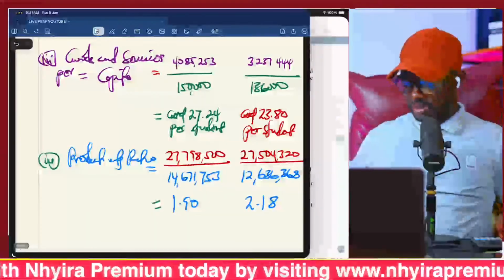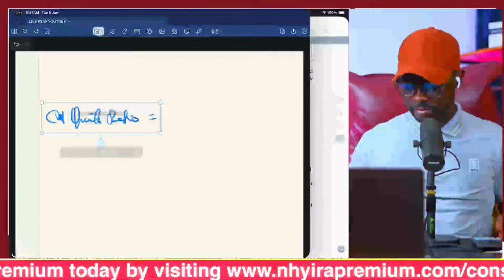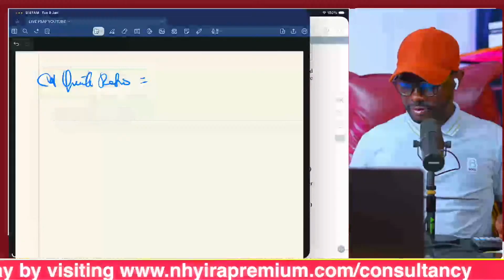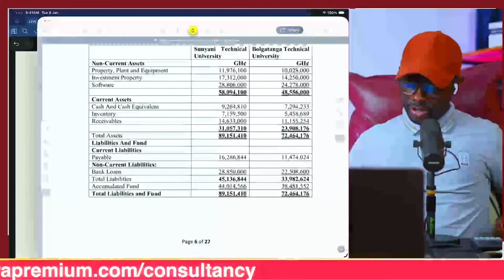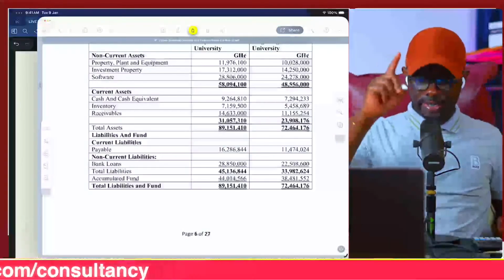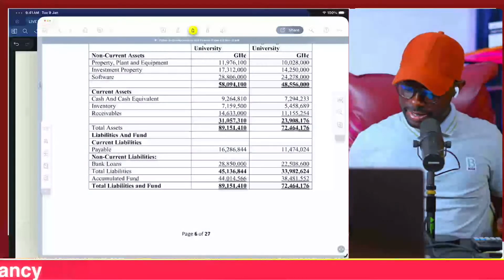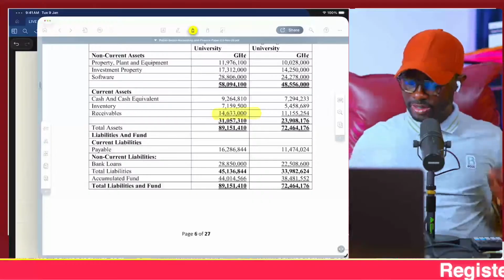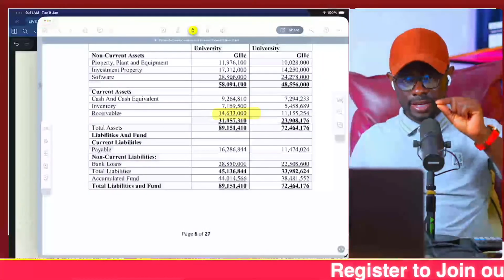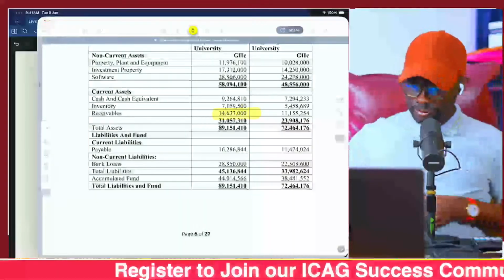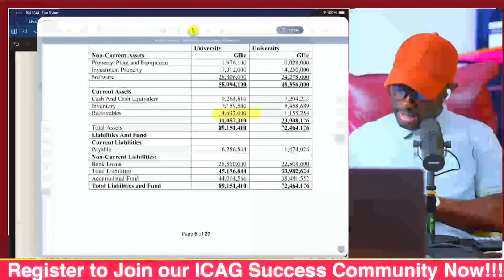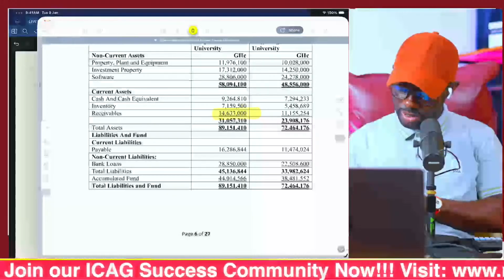In this place, I have to go to the next slide. Number 5. So quick ratio, current assets. Current assets is 14,633,000. No, that's receivables.